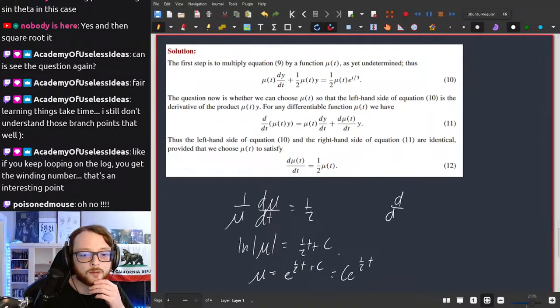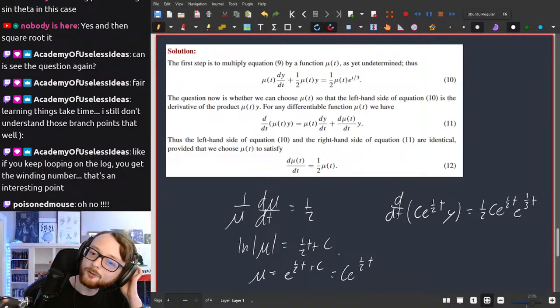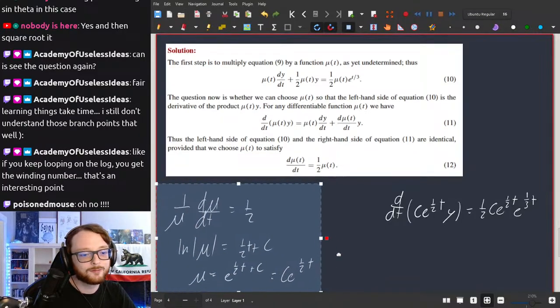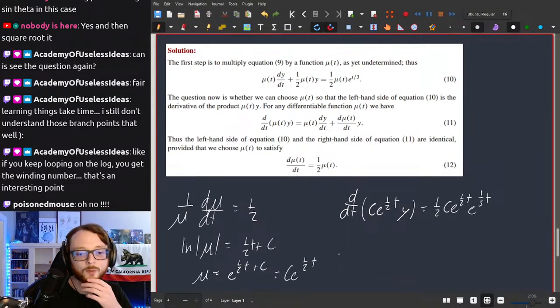So we found that the derivative of c e to the 1/2 t times y is equal to 1/2 c e to the 1/2 t times e to the 1/3 t. Oh, okay. Then you integrate with respect to time. Okay, cool. This is how you get... Okay. This is making a lot more sense for where the formula comes from.